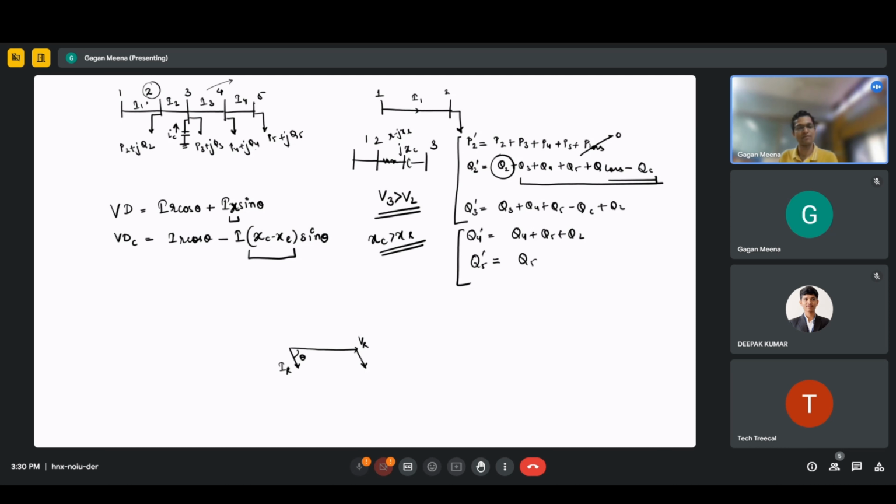If it is a lagging load, this will be Z and this will be Vs finally. This will be jIX, and this will be I into Z.